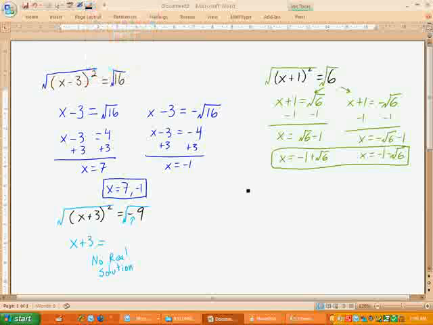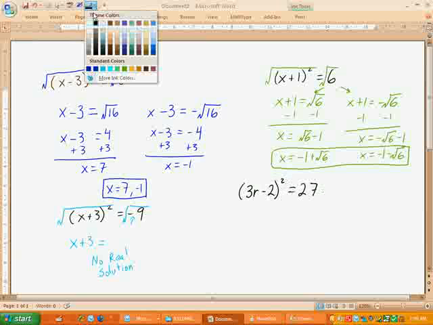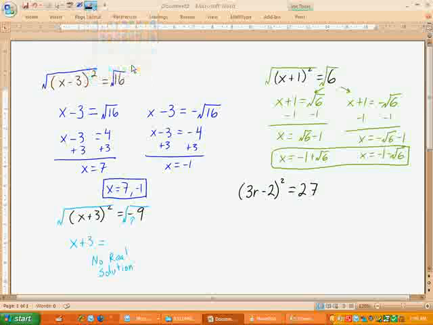Alright, absolutely the last one right here. We're going to work this equation: (3r − 2)² = 27. Now you have to make sure always that the squared term is by itself.